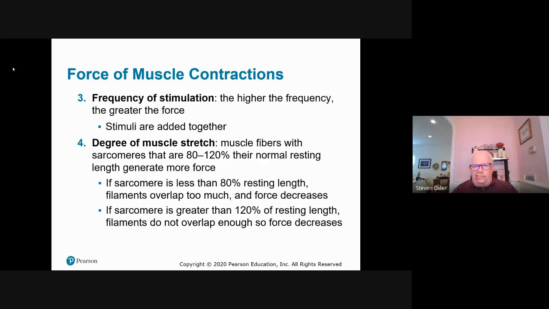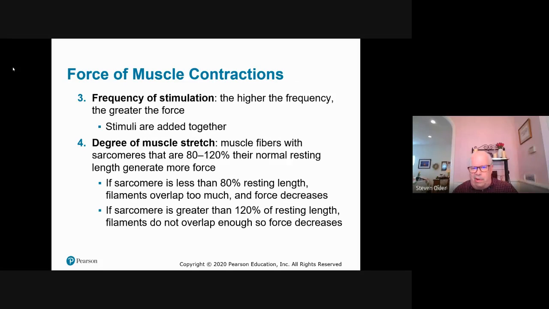The third one is the frequency of stimulation. The higher the frequency, the greater the force. The degree of muscle stretch is the fourth. Muscle fibers with sarcomeres that are 80 to 120% their normal resting length generate more force.